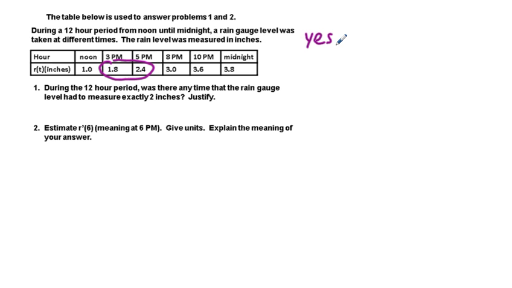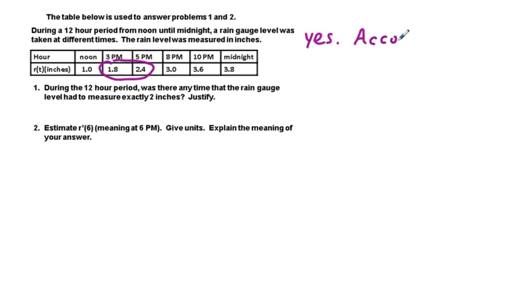And now the justification. When you have a justification which says must or has to, you're talking about an existence theorem, which is either going to be intermediate value theorem or mean value theorem, most likely. And this is going to be intermediate value theorem.